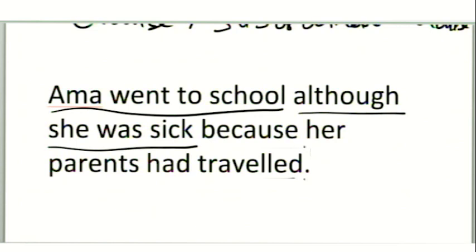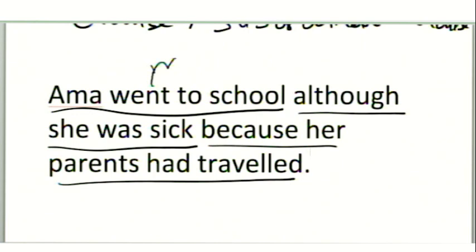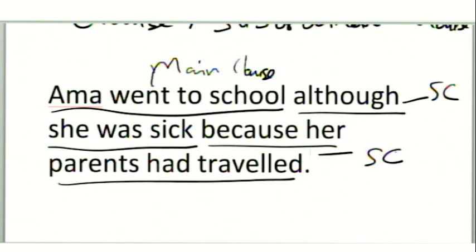So here you see we have two subordinate clauses. This is our main clause. This is one subordinate clause. And then that is another subordinate clause. I hope it is clear. So these are the two major clauses, our main clause and then our subordinate clause.